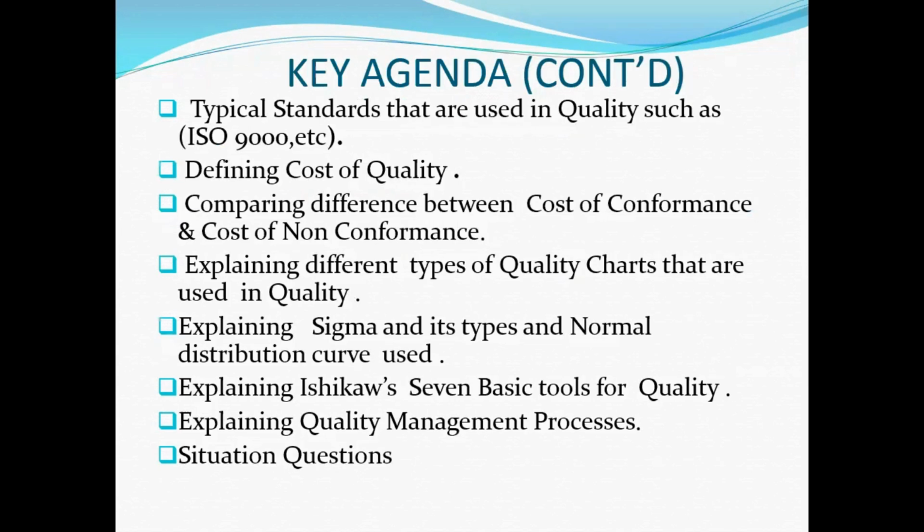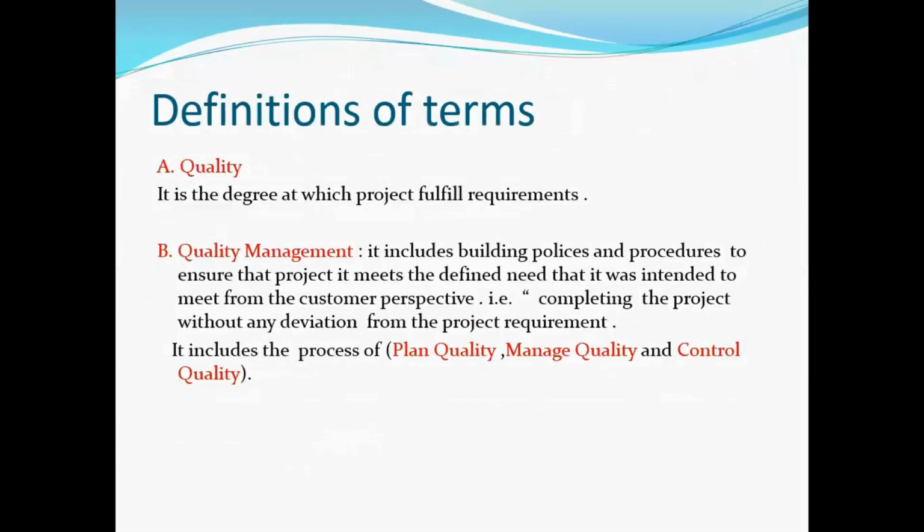We'll define the term cost of quality, compare the cost of conformance and non-conformance, and explain different types of quality charts such as control charts, the bell-shaped curve, and run charts. We'll explain sigma and its types and the normal distribution curve used, and Ishikawa's seven basic tools with the fishbone diagram, and the quality management process. At the end of every chapter we have what we call situation questions.